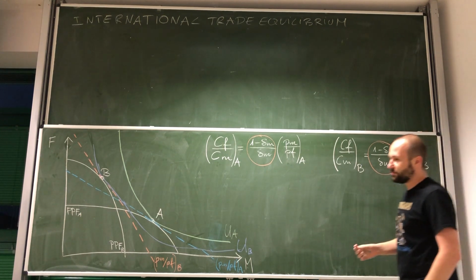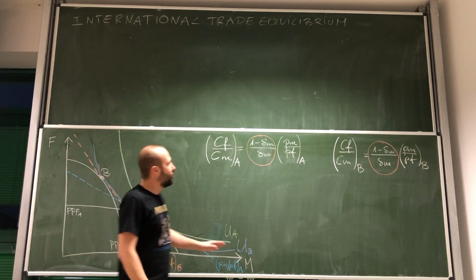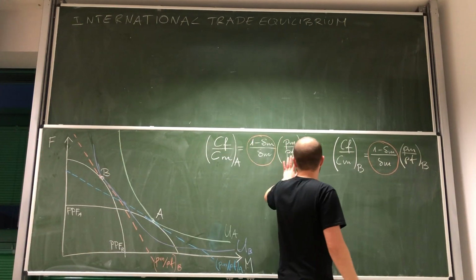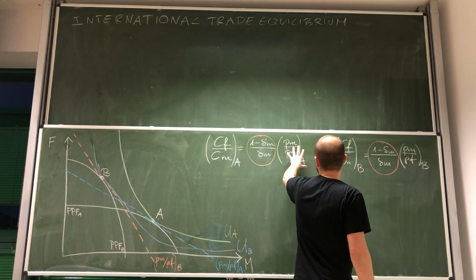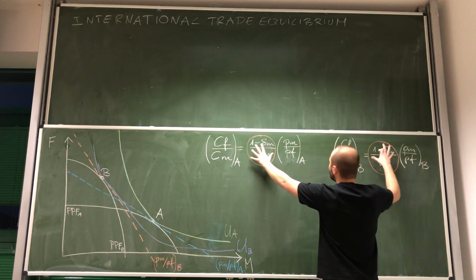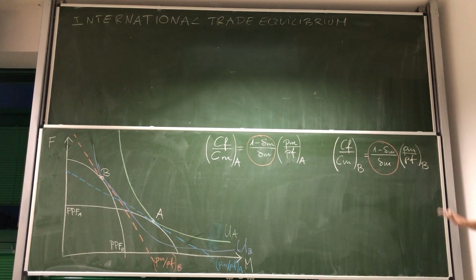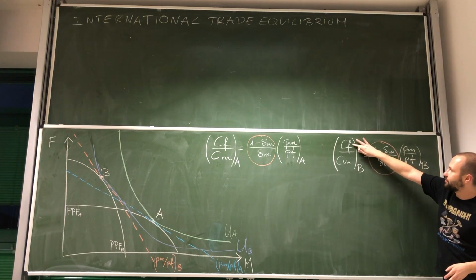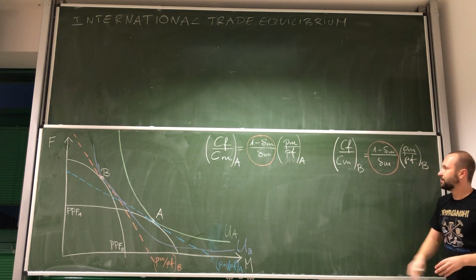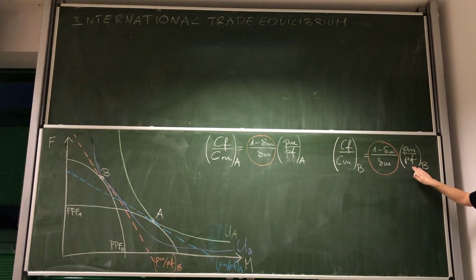Okay, let me just first, look, we already know that in these circumstances, if those two are the same, the difference between the two countries in the ratio of consumption of food to consumption of manufacturers must be solely arising from the difference in the relative prices, right?